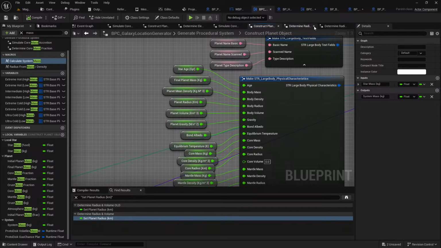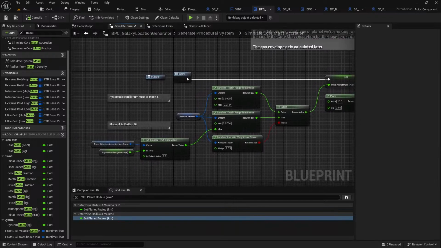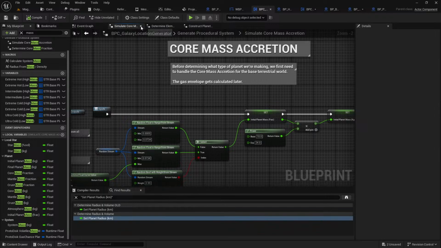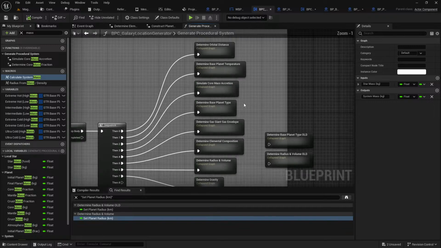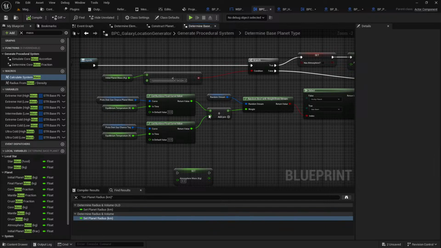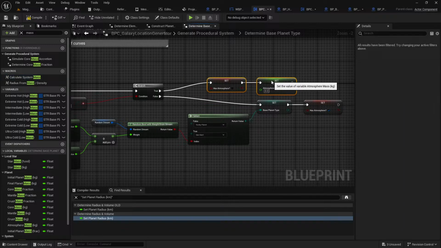Do a bit of a tab purge a minute. Right, so we do our initial rocky core, which is our initial mass. Then we decide whether or not it's a gas giant, and that's simply based on those curves. So we're not adding atmospheric mass to that.